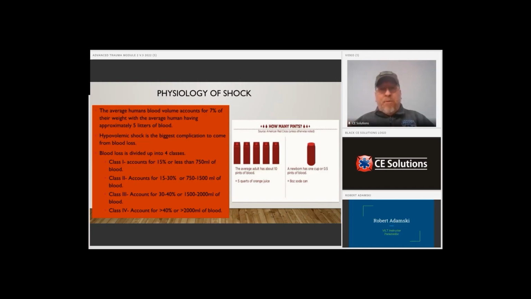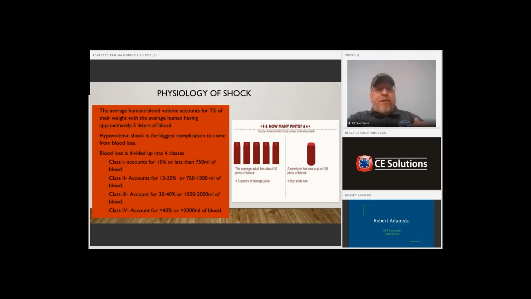Males tend to have a little bit more blood than the average female due to our size, but in general, the average adult has about 5 liters of blood. Now, you might be like, why do I care about that? Well, it's important when we're talking about the pathophysiology of shock, or how shock, all right, affects the normal functioning of the body, specifically the circulatory system.